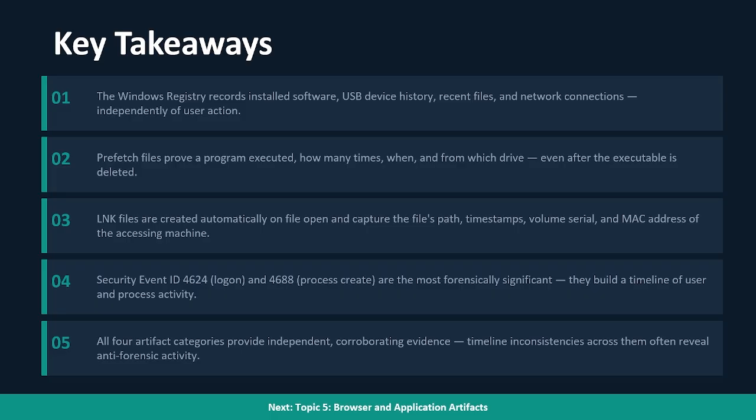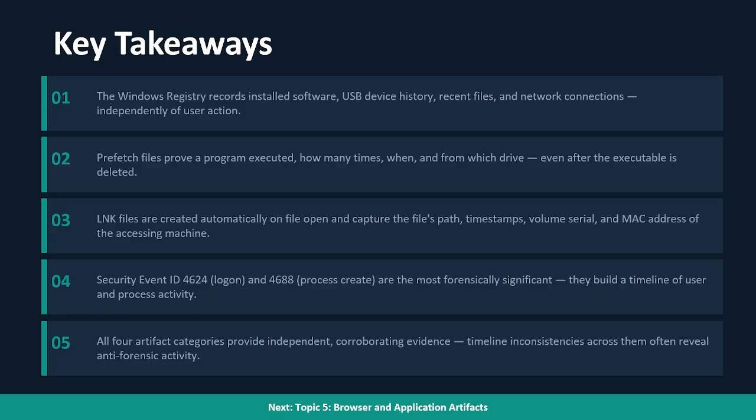So again, just key takeaways. The registry records installed users or installed software, USB devices, recent files, network connections, all sorts of information. Prefetch files will store program execution information: how many times, when, from which drive, etc. LNK files will have the file path, timestamps, volume serial, MAC address.